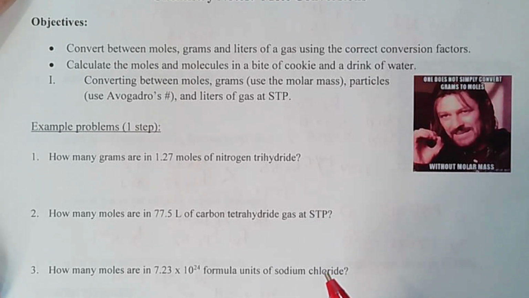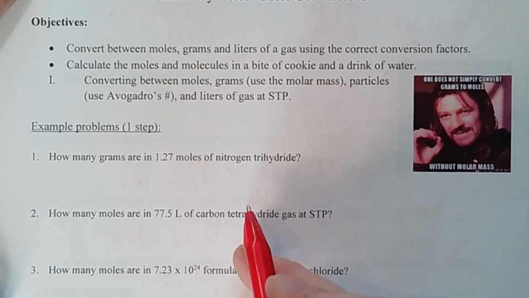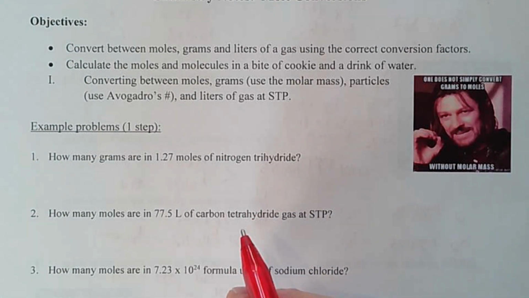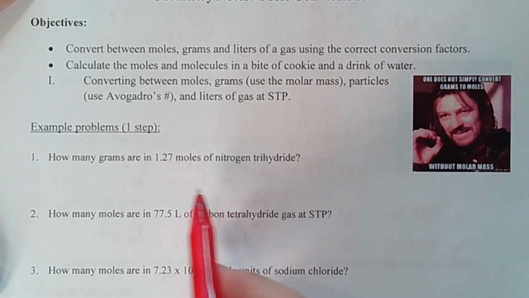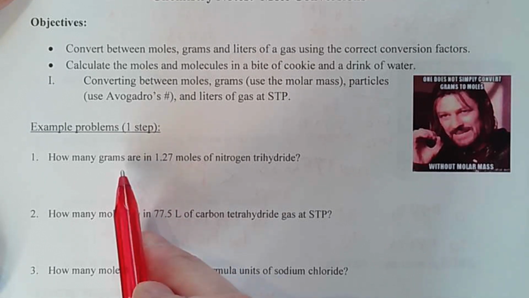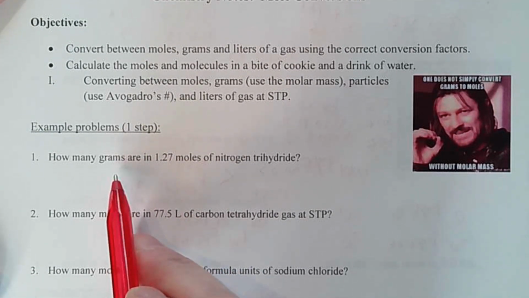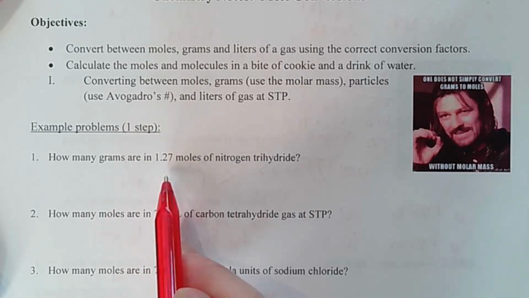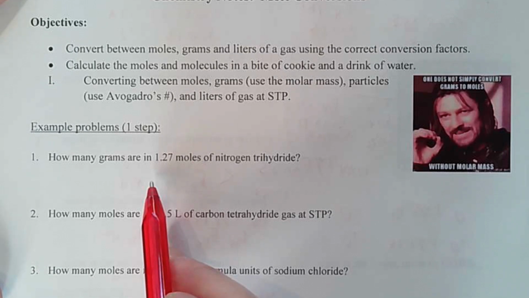Just keep in mind that the goal is, as you get more practice with these, you will have to refer to the mole concept map less and less, because the key thing to understand is you want to get practice and habit of making sure you're using the correct conversion factor to go between which units, and that is what the concept map helps you out with.